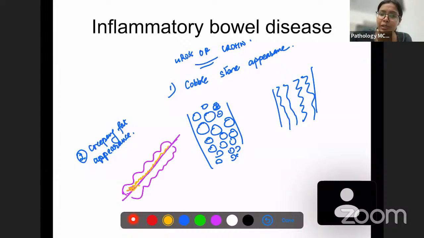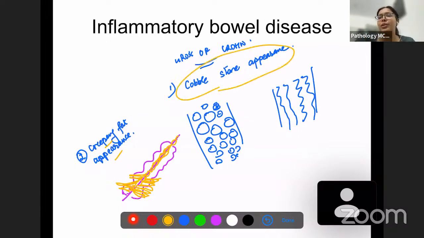Mesenteric fat will be attached somewhere over here. But in Crohn's disease, this fat extends so much that it creeps all over this intestinal area, whereas it should be just this much. So this is known as creeping fat appearance in Crohn's disease. So we have cobblestone appearance and creeping fat appearance in Crohn's disease. These are for ulcerative colitis and Crohn's disease.